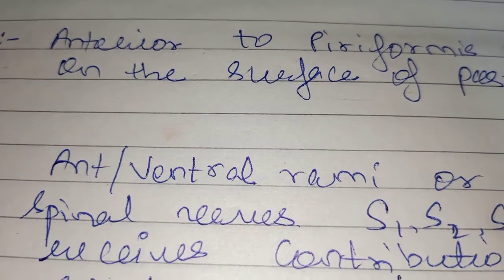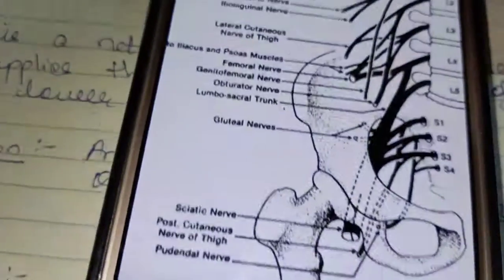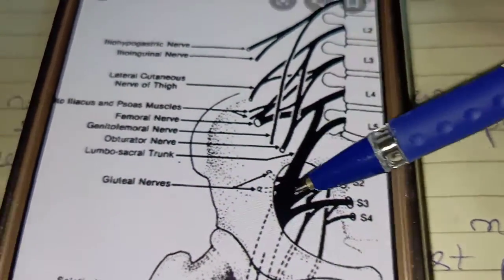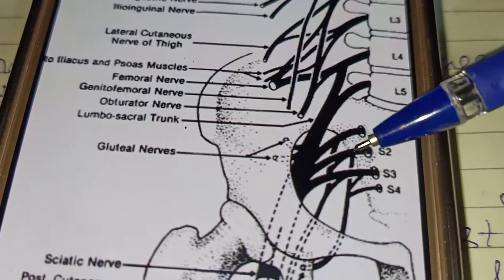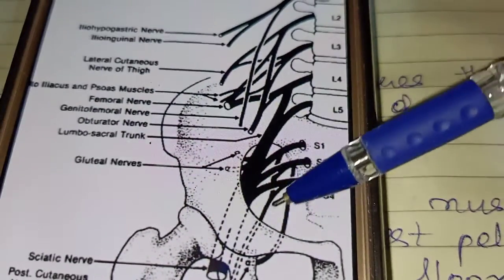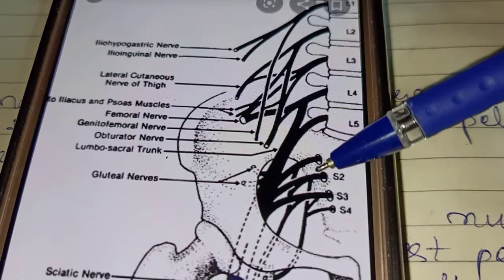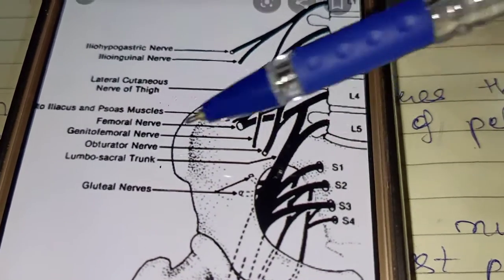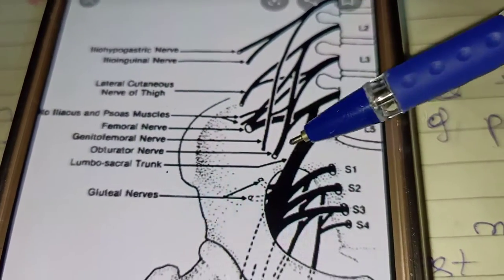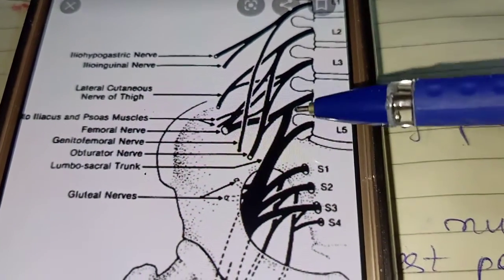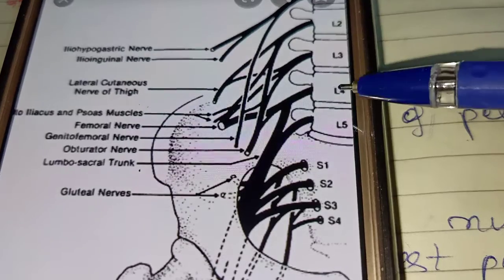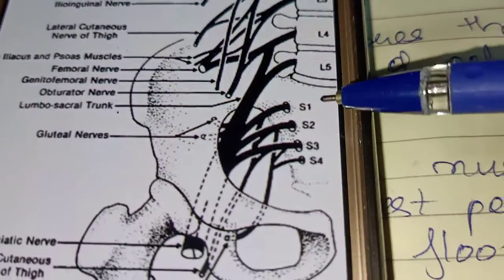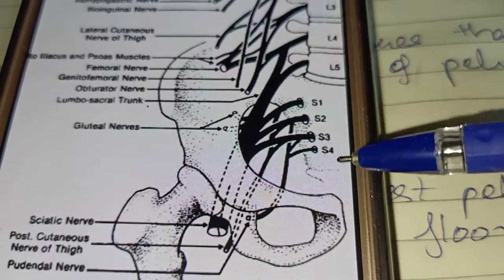So this plexus, you can see here one more thing. I have shown you the diagram of the piriformis. Here only the piriformis was present. So here it is anterior to the piriformis. This is the sacral plexus. This is the lumbosacral trunk coming from L4 and L5 vertebrae, and this is the sacrum, S1, S2, S3, S4.